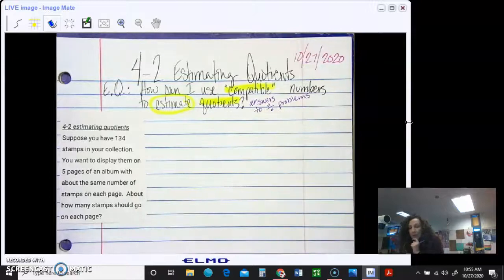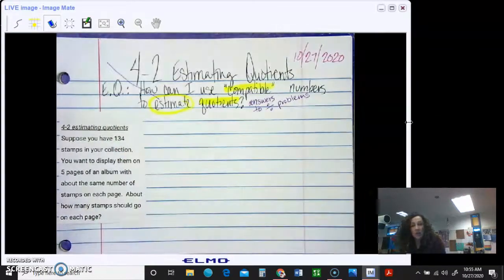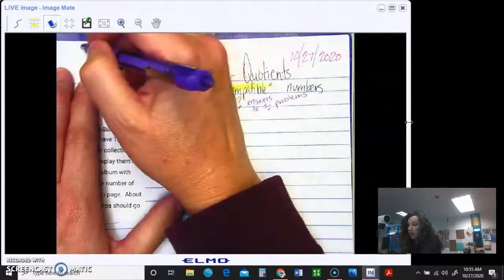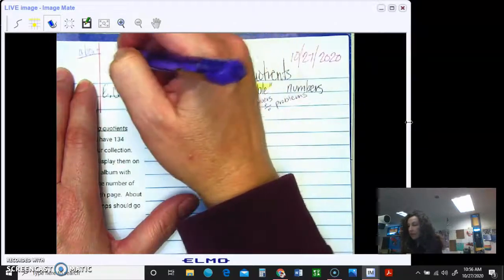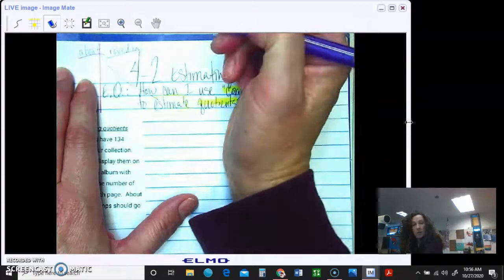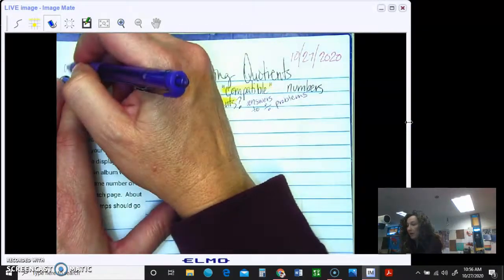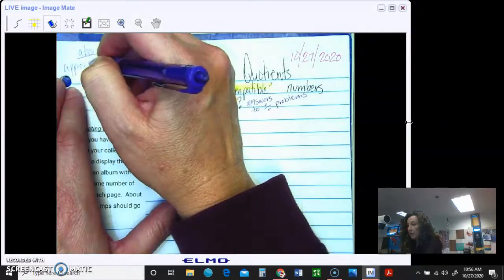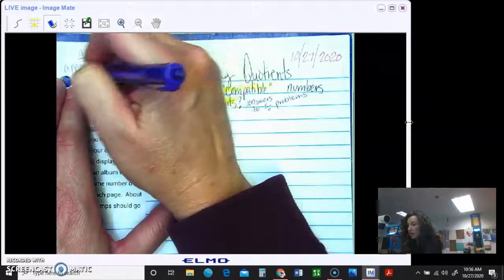And then when we estimate, there's a lot of words that are our clue words for estimation. I'm going to put them up over here so that I keep them in my head. We know about is one of them. Another one is rounding. Another one is approximately.